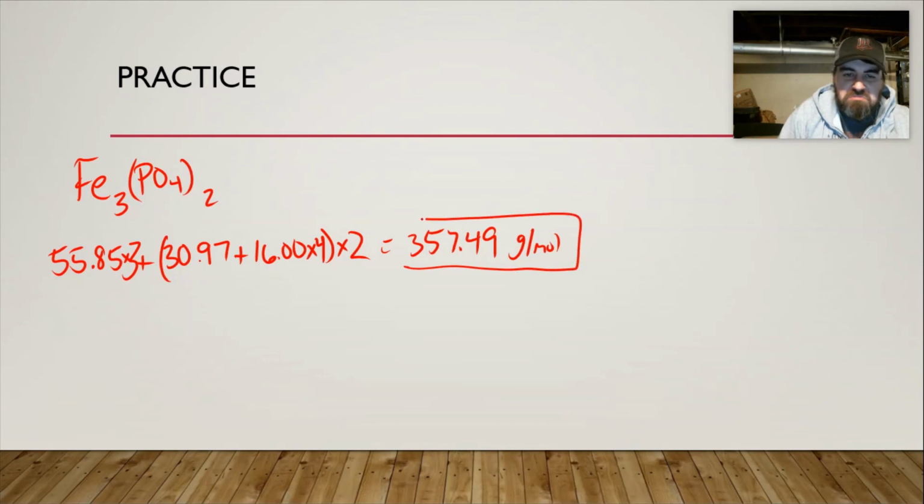Your answer should generally be less than 1,000. Occasionally it'll get more than 1,000, but if you get an answer bigger than 1,000, you screwed up. Okay, redo it. Unless the elements in there are all lanthanides and actinides, or some of the huge metals like lead, and you've got lots of them, you're not going to get over 1,000.